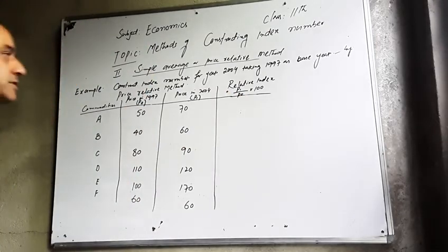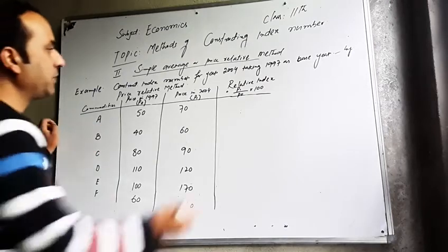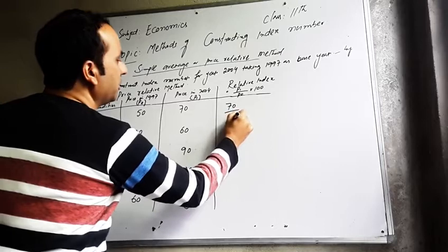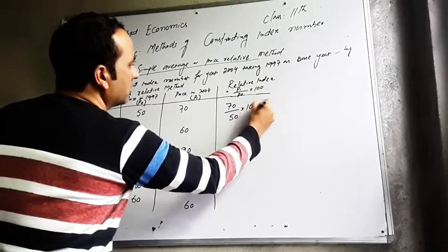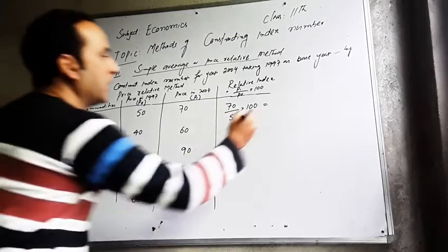Why? Because it is calculated on the basis of percentage. Now P1 is 70 divided by P0 is 50 into 100. So 70 divided by 50 into 100 comes equal to 140.